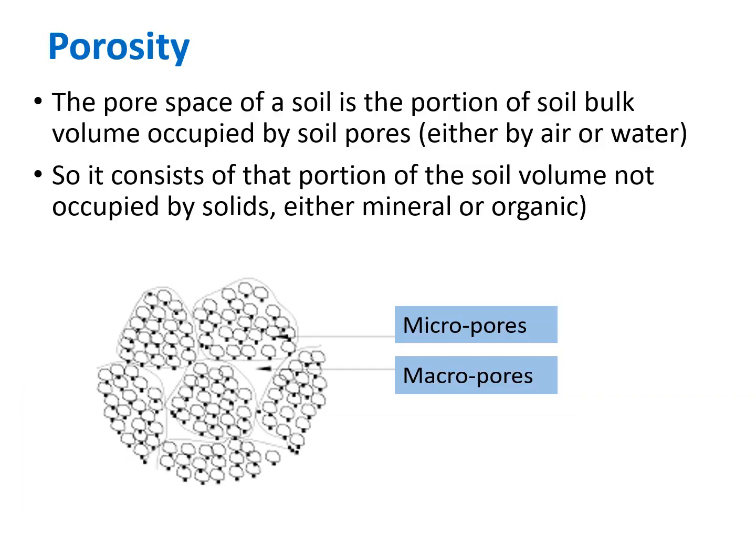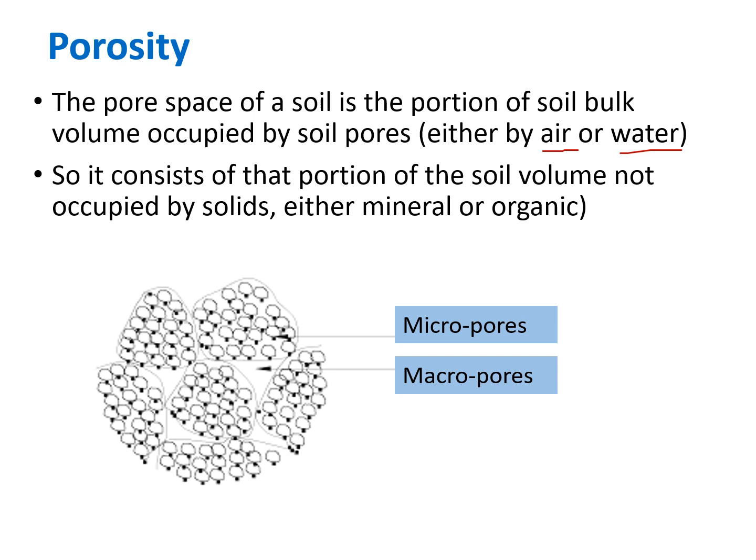The pore space of a soil is the portion of soil bulk volume occupied by soil pores, and the soil pores are the spaces held with water or air. Actually the pore space is the porosity of any soil. On the other way, we can also say that it consists of that portion of the soil which is not occupied by solids.